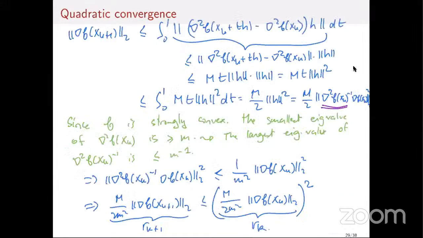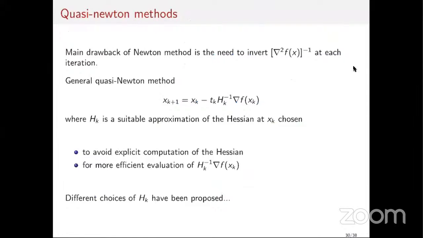Let me now say a word about quasi-Newton methods. I mentioned that the main difficulty in using Newton's method is the need to invert a matrix at each iteration, which takes big O of n cubed. To cope with this problem, people have come up with so-called quasi-Newton methods.